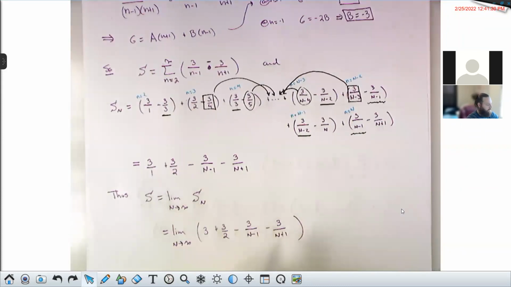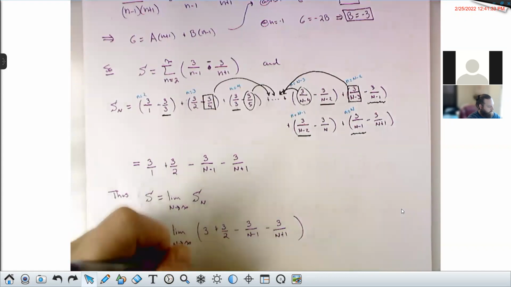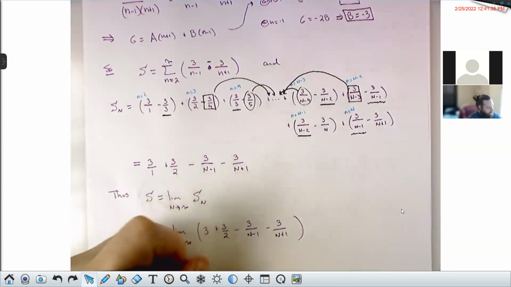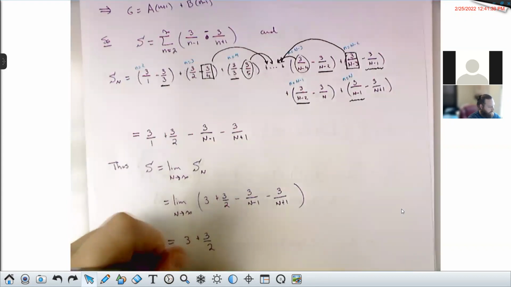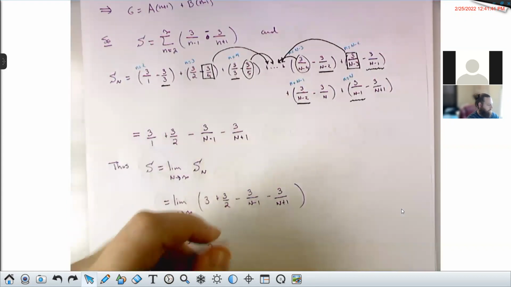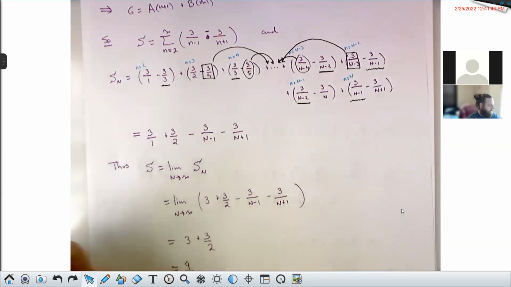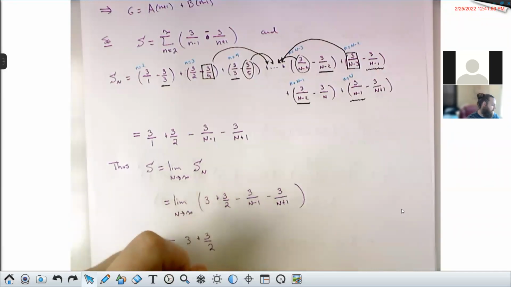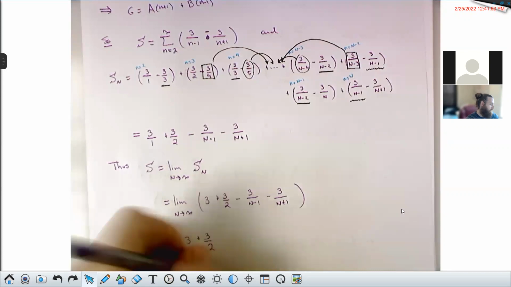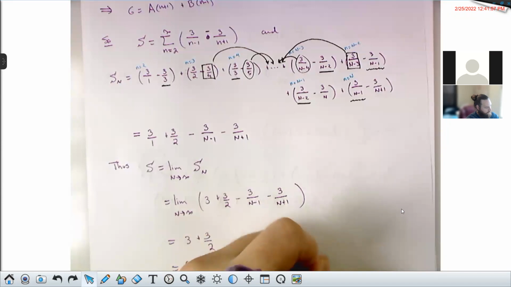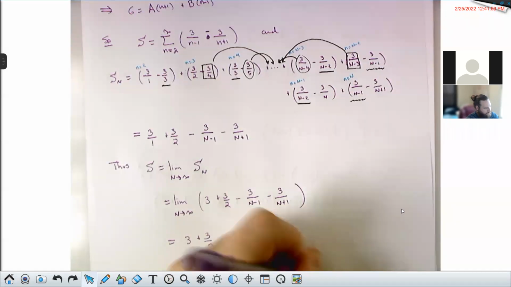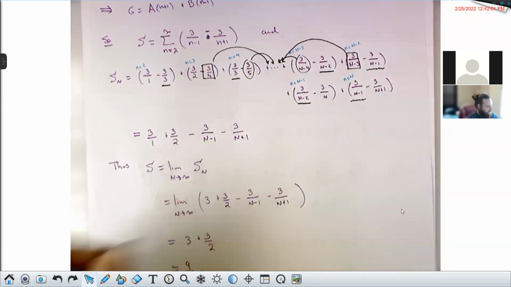And these two terms go to 0. So we get 3 plus 3 halves, 9 halves. In other words, the series S converges to, oops, sorry, 9 halves.